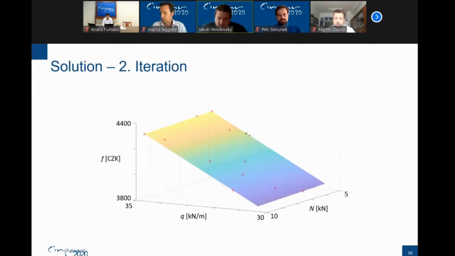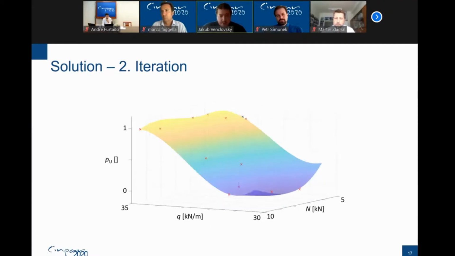The red crosses are the 12 initialization scenarios, and it's the pair of Q and N and the corresponding value of objective function F. To the black cross, I will return later. Here is the same for the probability that the ULS constraint will be satisfied, and the same for the SLS constraint.